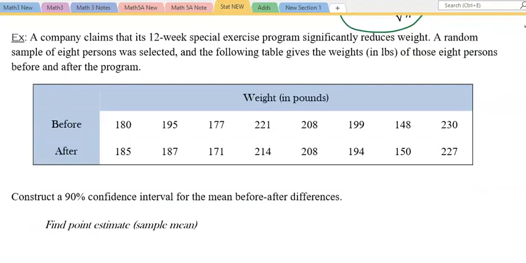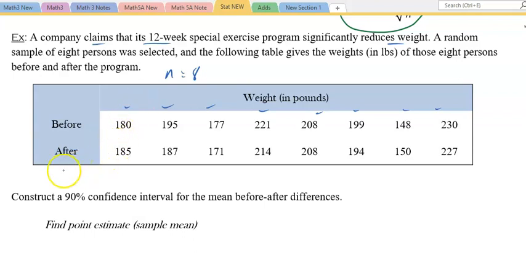So here we have a company claims that its 12-week special exercise program significantly reduces weight. A random sample of 8, n equal 8, was selected, and the following table gives the weight in pounds of those 8 people before and after the program.